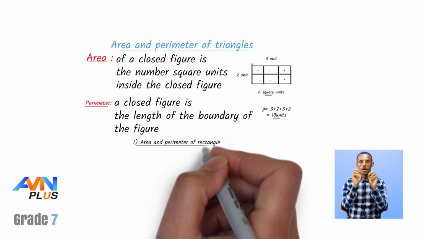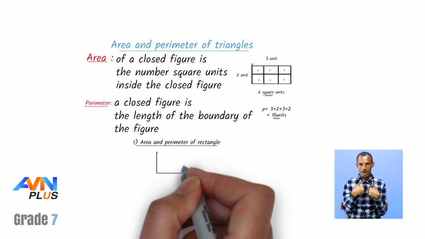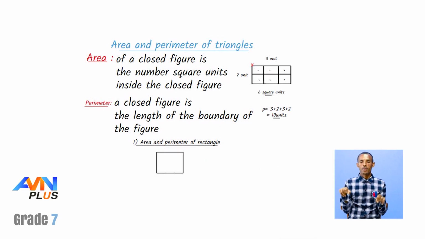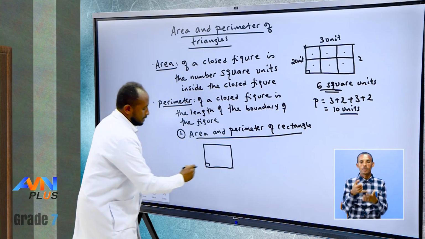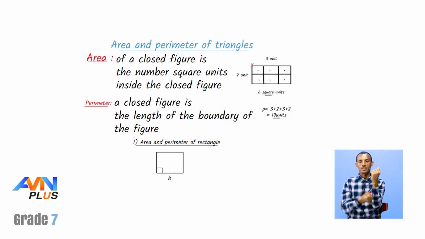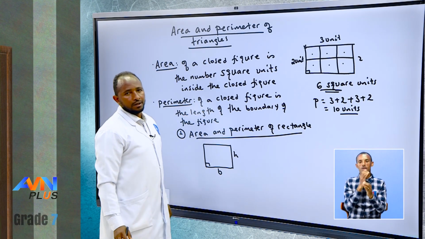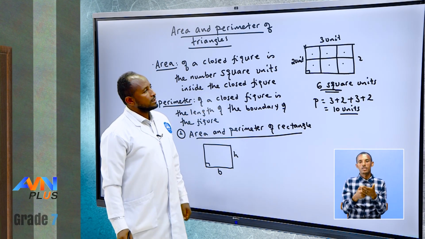Okay, here if you have a rectangle, assume this length to be the base, let's take the letter B, and this one is the height. How do you calculate the area of this rectangle?